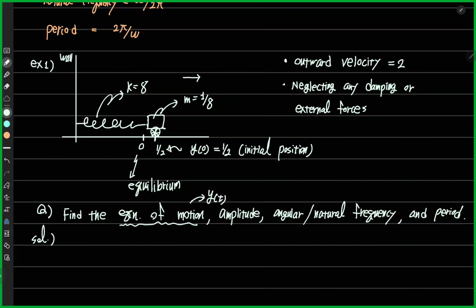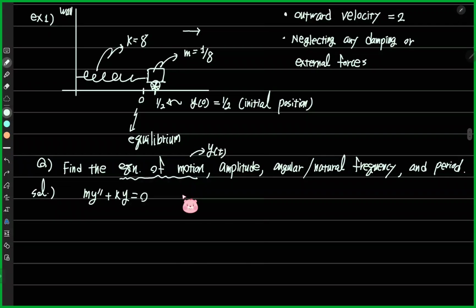Okay. So the differential equation is going to be m y double prime, and then there is no damping force, so b must be 0, right? Okay, and then we get m y double prime plus k y is equal to 0, because no damping, no external force. And then the problem says m is 1/8 and k is 8, so we're going to substitute them into the differential equation.